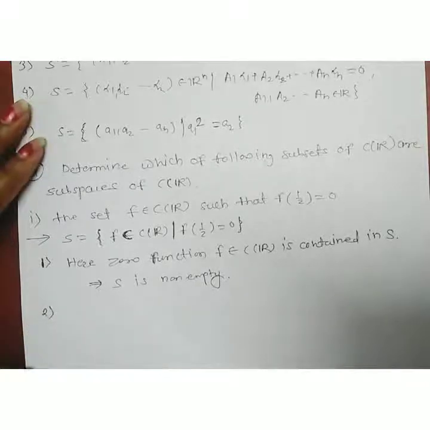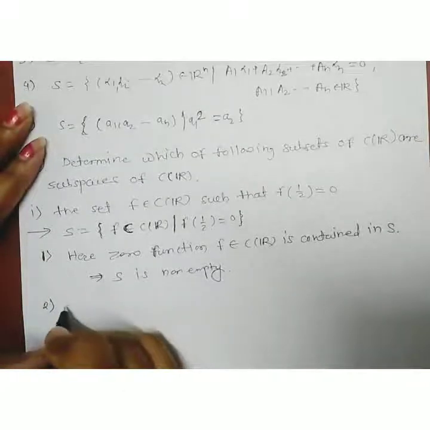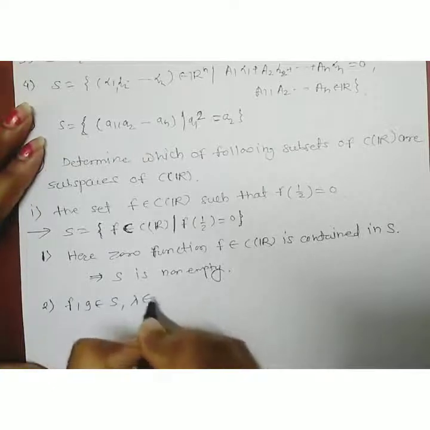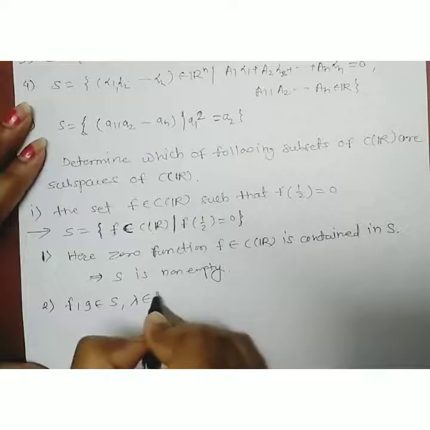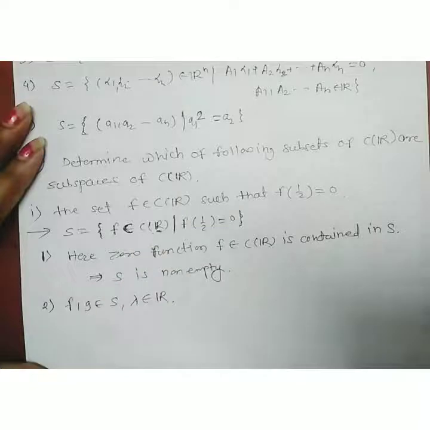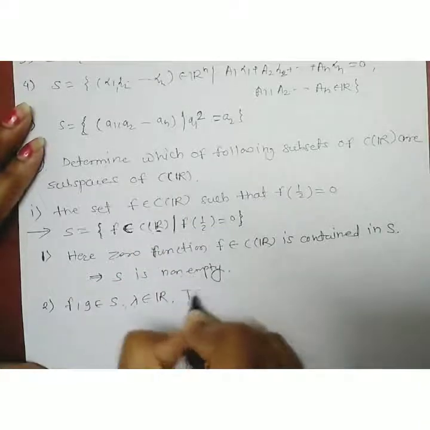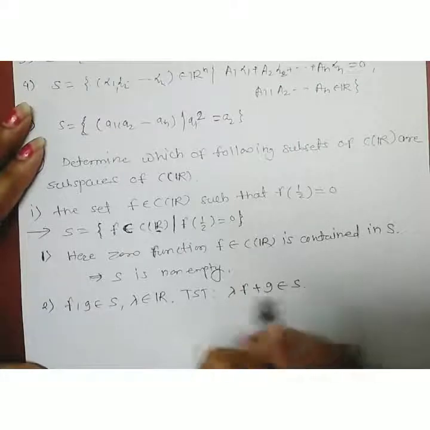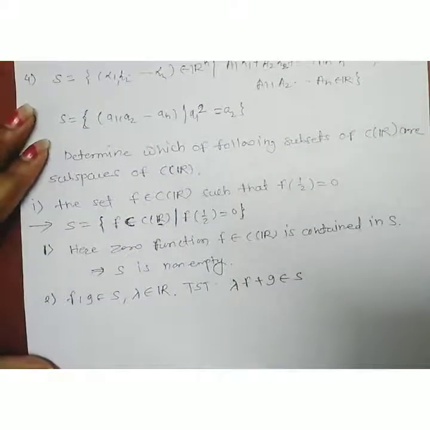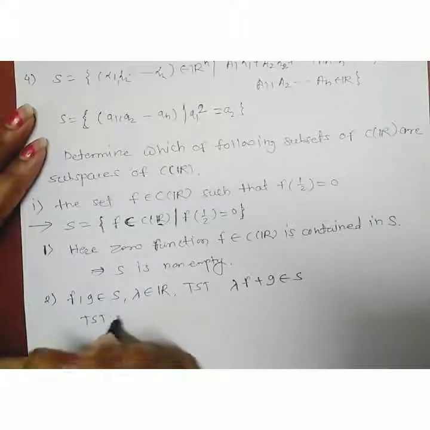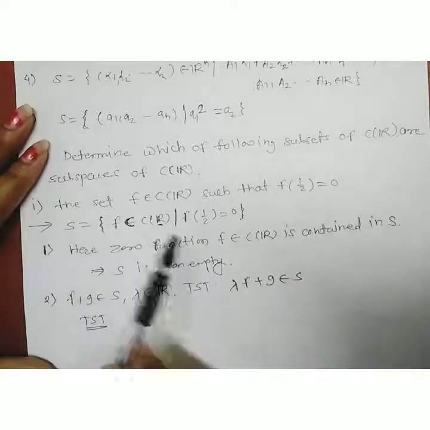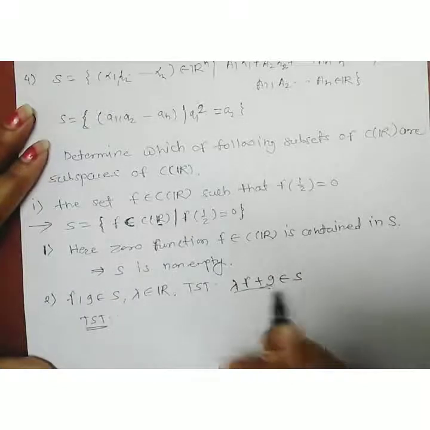Now we have to show the second condition. For this, we have to show that for any f and g belonging to the set S and lambda belonging to the field, here the field is R, the element lambda f plus g belongs to that set.